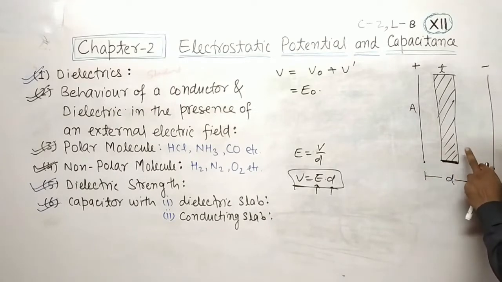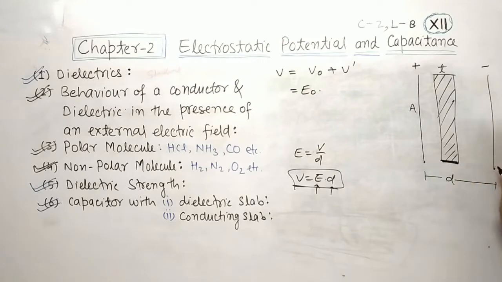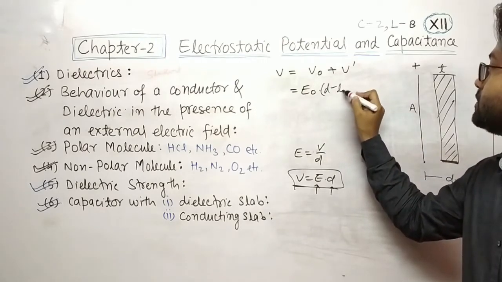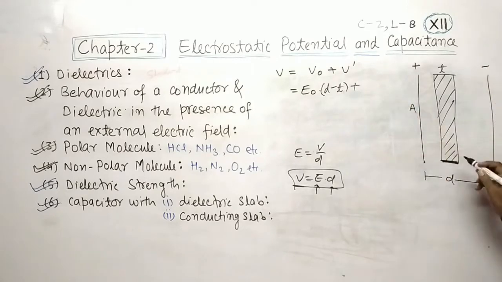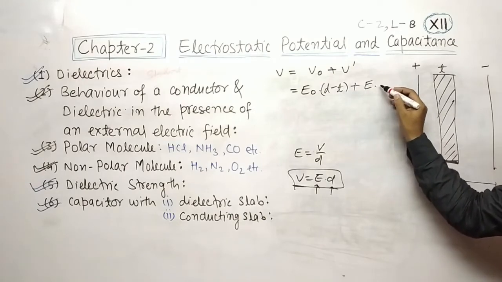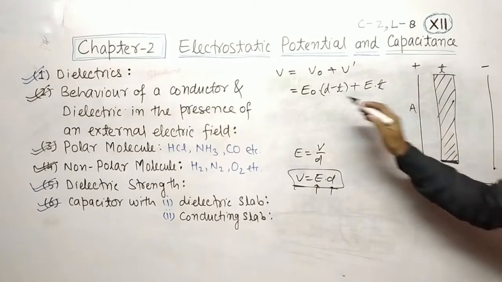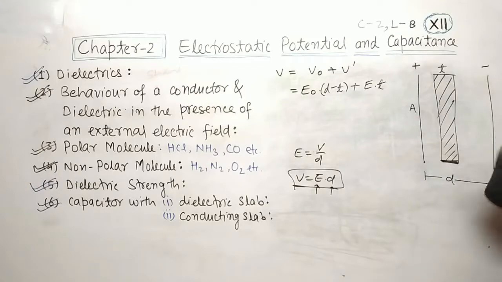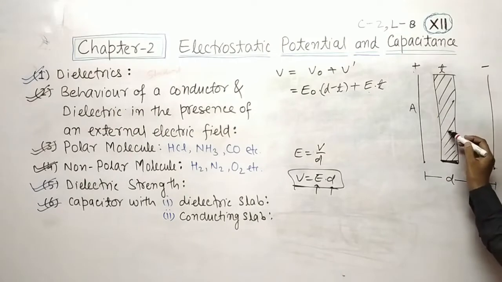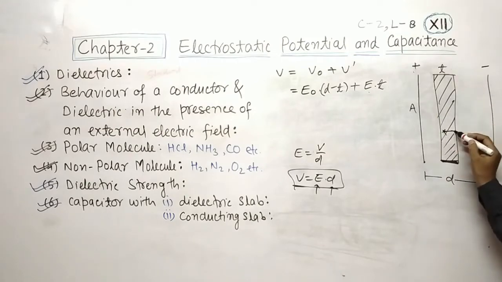Now the distance between these two plates is d, but this thickness t is omitted. That means air will be in this thickness and in this thickness. The total space between these two plates within which air is present is d minus t, plus the dielectric slab, which will be E into t. E naught is the external electric field due to these plates, and E is the net electric field in the dielectric.